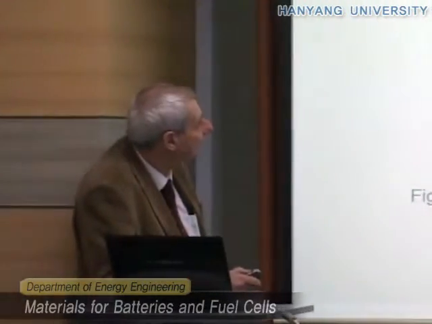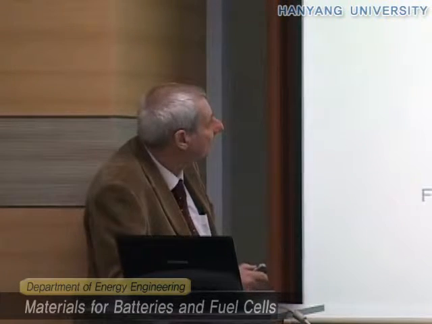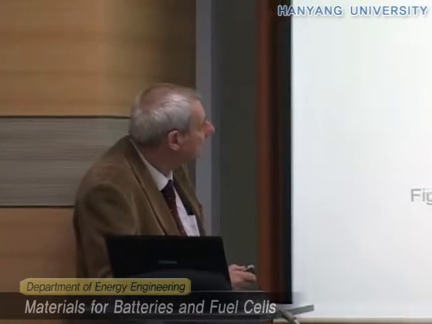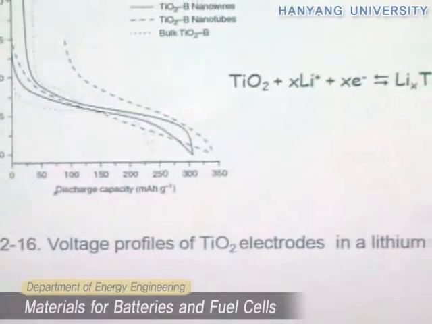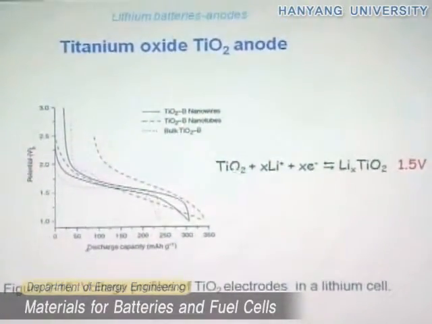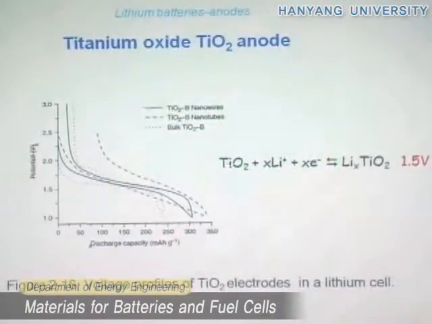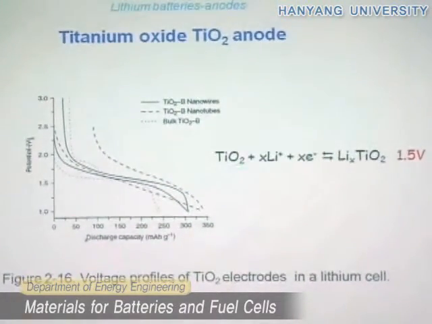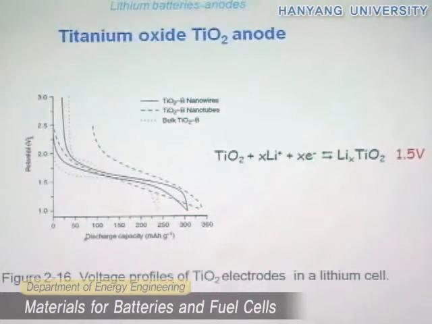And here, in fact, you see that this is the process that we are looking for. In charge, we will have the lithium ion getting into the structure here and forming lithium titanium oxide, and in discharge it is just the opposite.